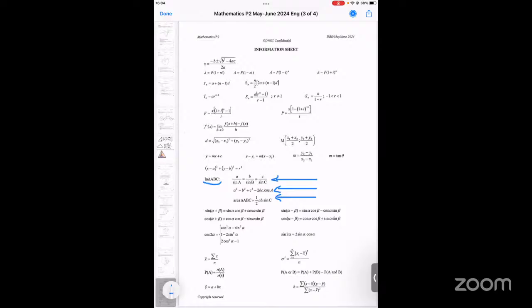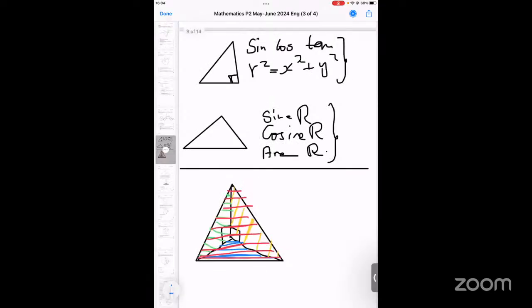So this is what I always say, Didintle: when it comes to the sine rule, if you know that you are definitely going to use the sine rule, then if it is the angle that you are looking for, make sure that your angle is the numerator. If it is the side that you're looking for, make sure the side is the numerator.